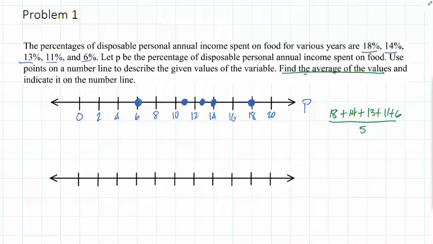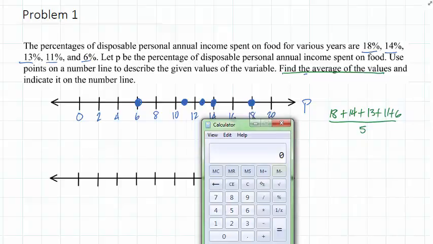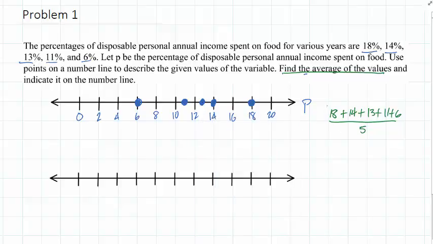For this, I would take out my calculator and just do the addition. We have 18 plus 14 plus 13 plus 11 plus 6. Now, I want to divide by 5, but I want to keep everything in the numerator first.